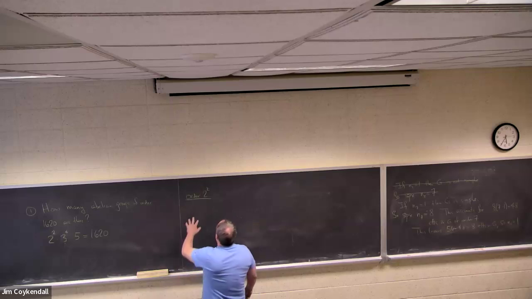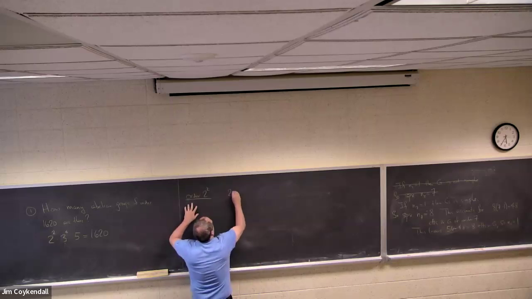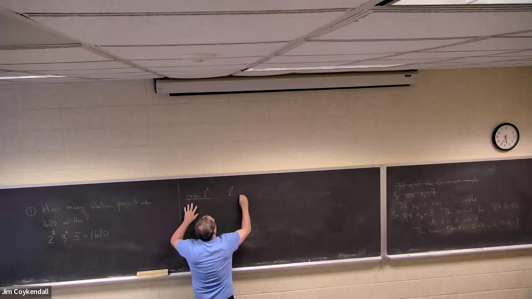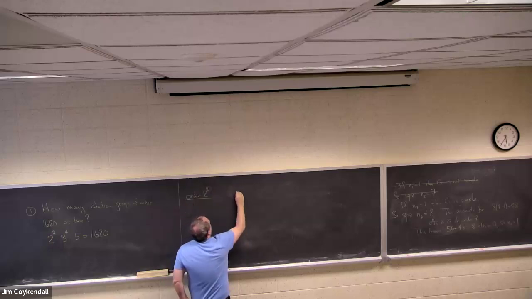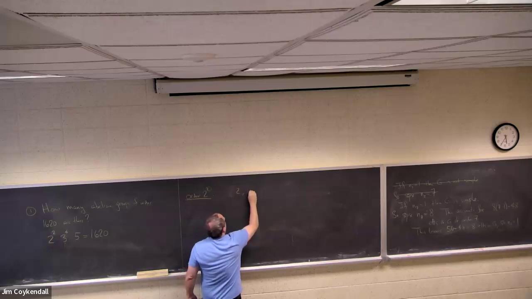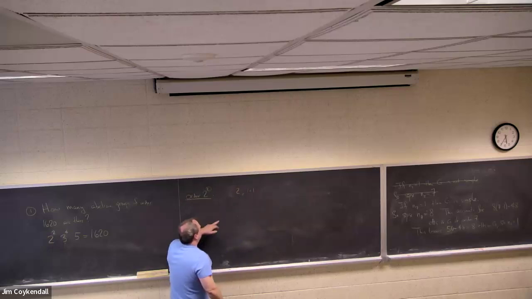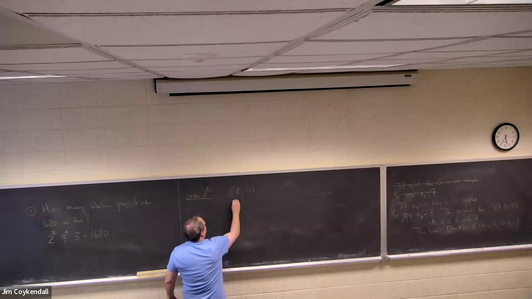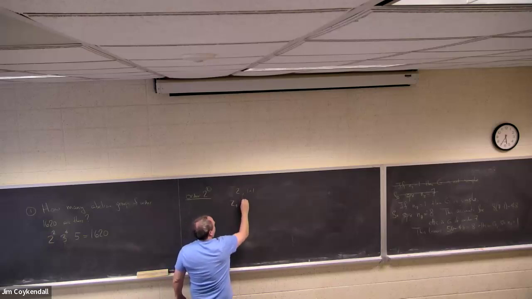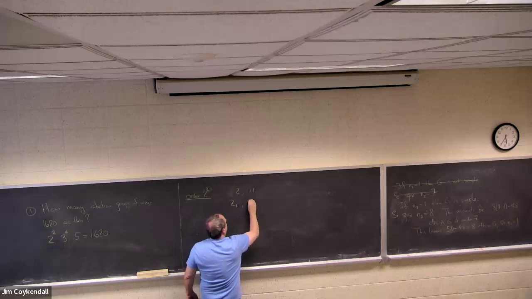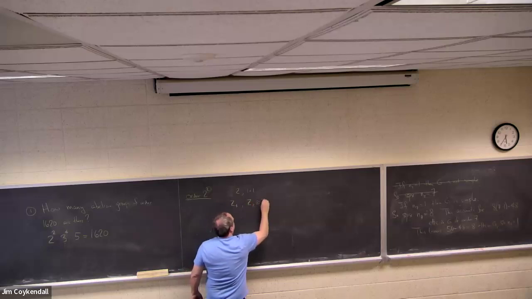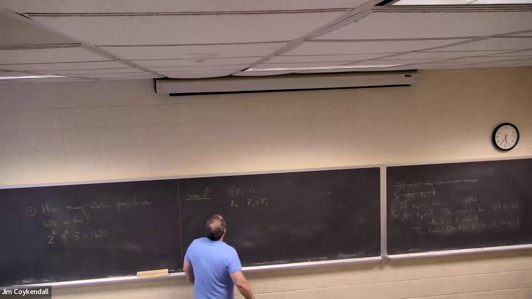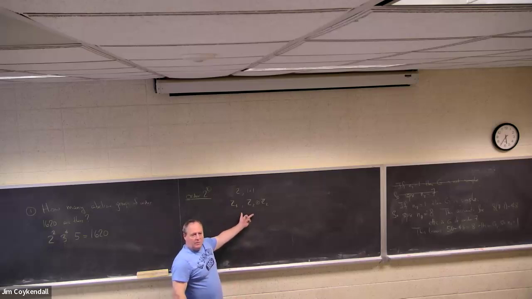You can break this up by partitioning the exponent 2: 2 is 2, and 2 is 1 plus 1. This corresponds to C4, or C2 direct sum C2. So there are actually 2 groups of order 4, C4 and C2 plus C2. Everybody okay?